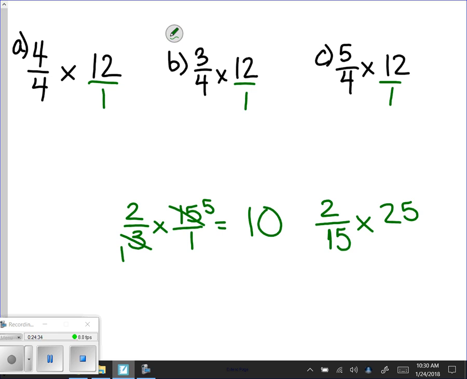A number that can go into 15 and 25? Yes, 5. So this can go down to 3, because 5 goes into 15 3 times. 5 goes into 25 5 times. So now it's 3/5. It's just smaller, easier to work with.